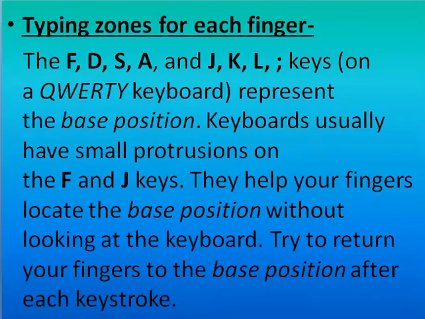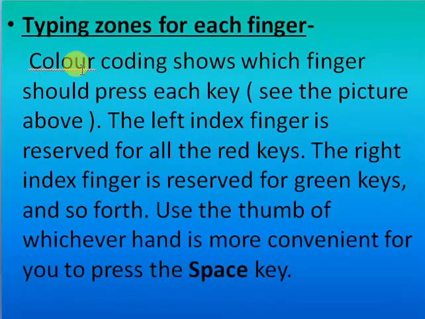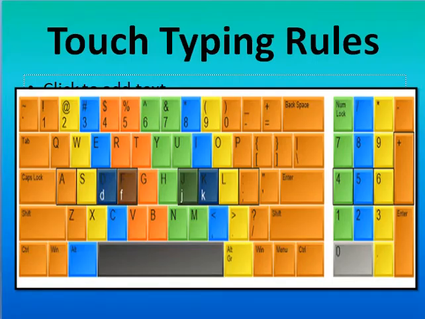Now the other one is color coding zone for each finger. Color coding shows which finger should press each key. You can see it in this image, where different keys have different colors.